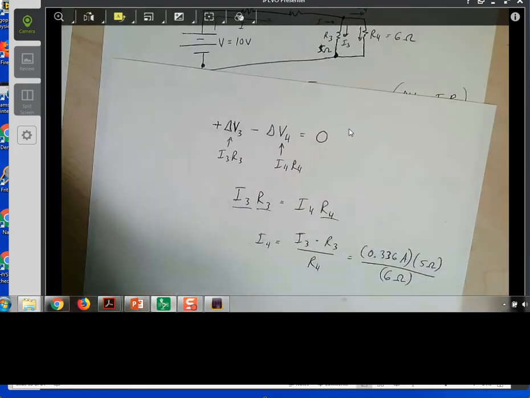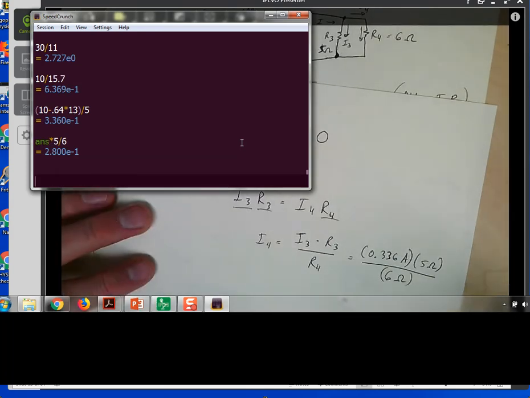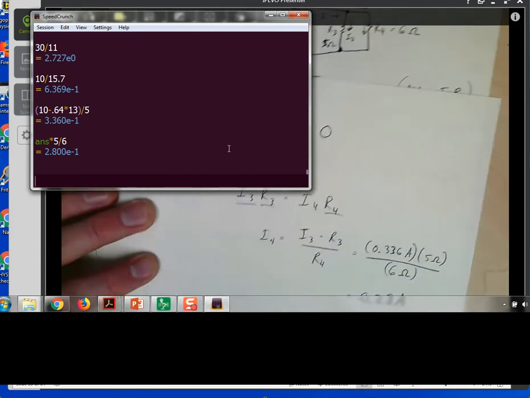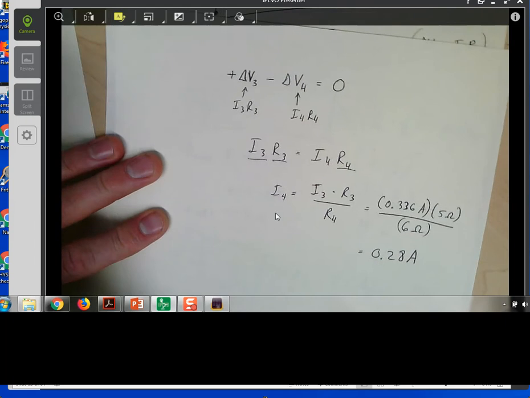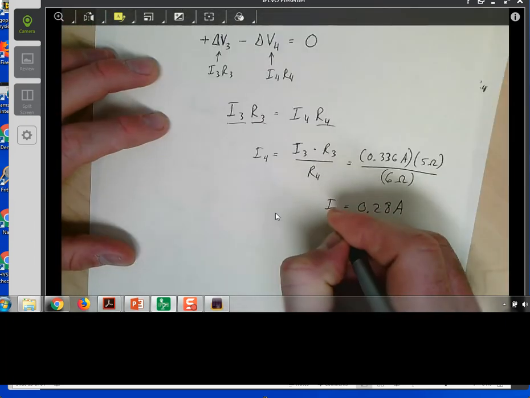So it looks like we're going to have 5/6 of this value here, which, again, I'm just going to take this number here, our 0.336, I can just do answer, times 5, divided by 6. Looks like we have 0.28. So 0.28, and our unit is amps. Okay. So this is our I4.